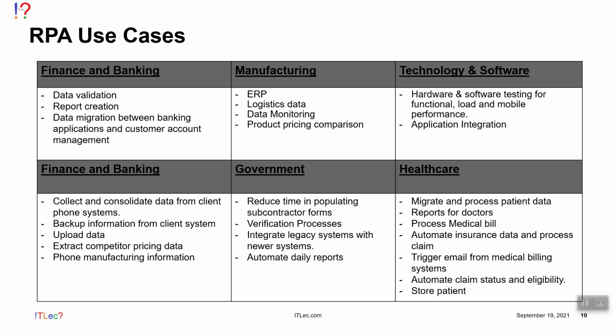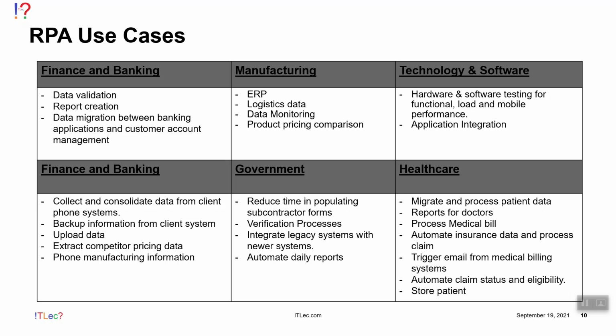In technology and software, you can use it for functional, load, and mobile performance testing, and application integration. In telecom, we can collect and upload data and extract competitor pricing data.